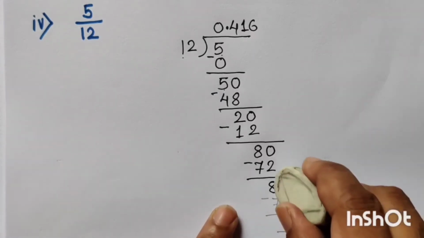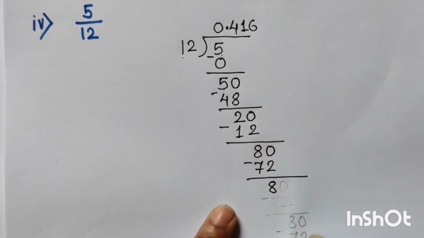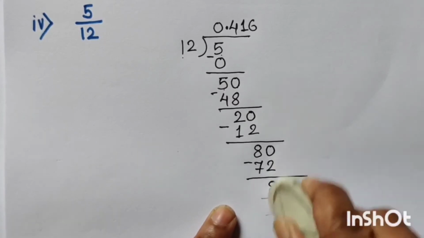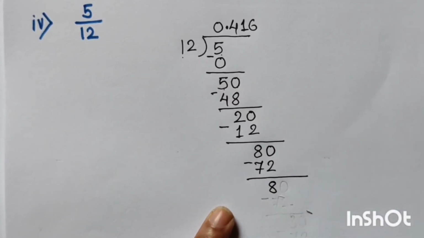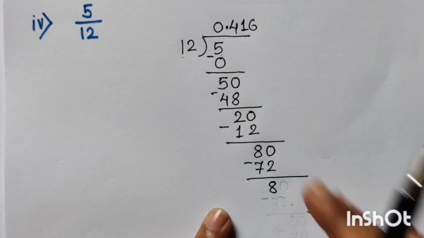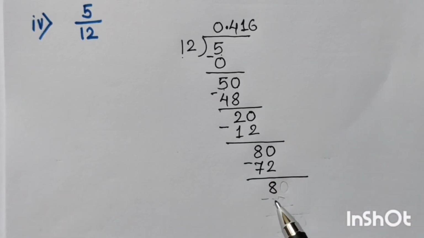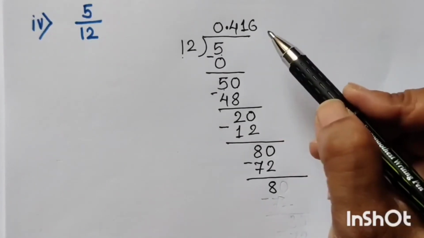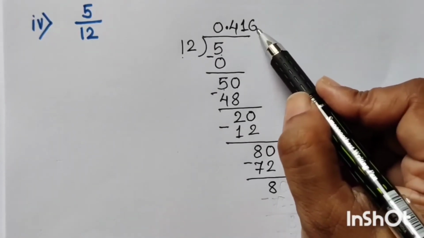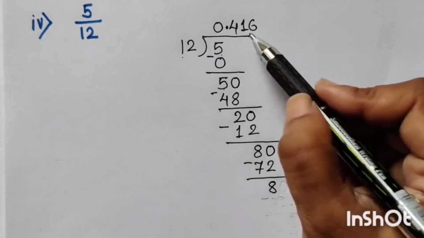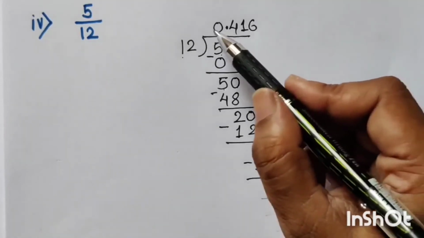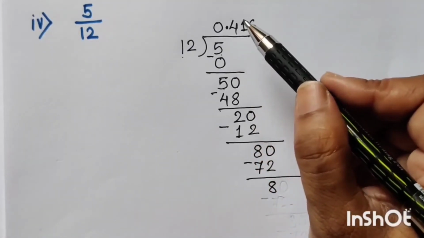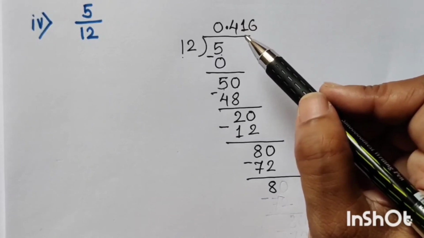We are not getting 0 in the remainder. When the remainder is repeatedly coming again and again, and we are getting the same digit again and again in the quotient, such a type of decimal form is known as non-terminating decimal form.